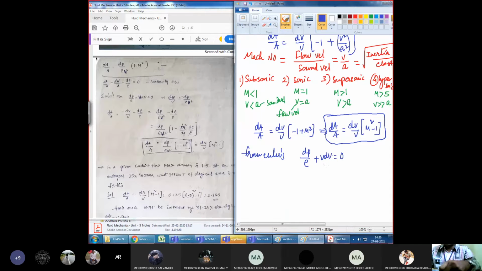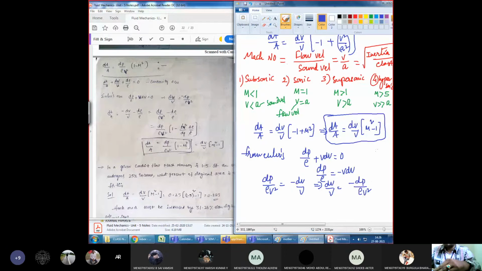If you simplify, dP by rho is equal to minus V dV. Divide by velocity square on both sides, because I want the dV by V value. Therefore dP by rho V square is equal to minus dV by V. This implies dV by V is equal to minus dP by rho V square.